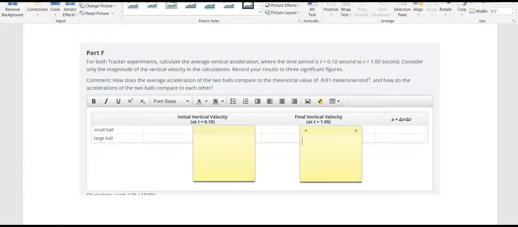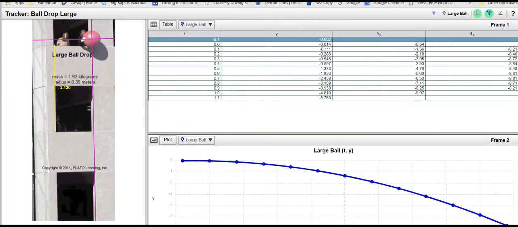All right, now for part F, you're going to find the velocity, not really initial, but starting at 0.1 seconds. So for the large ball, let me pause this.